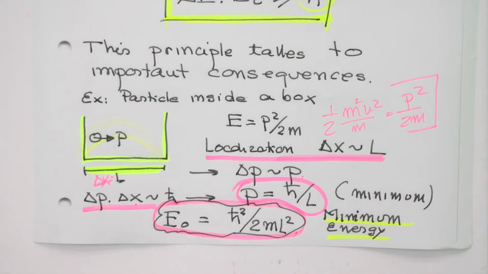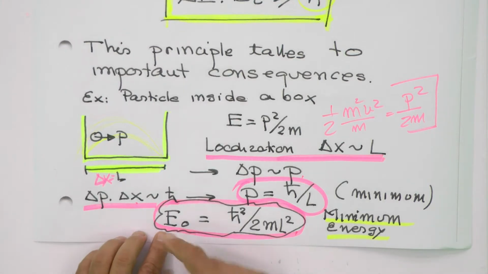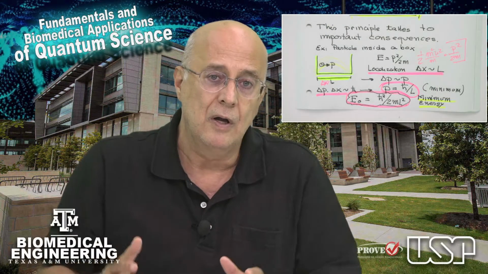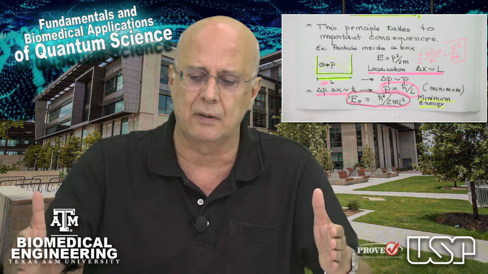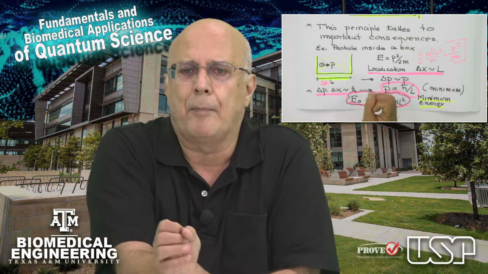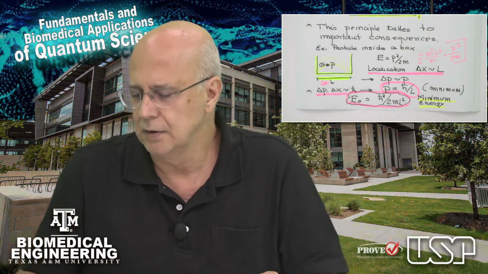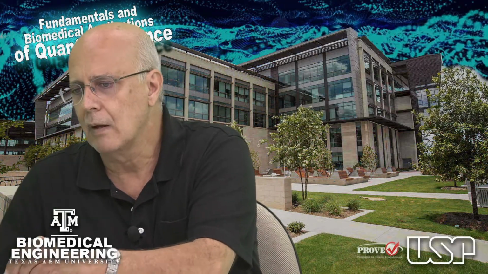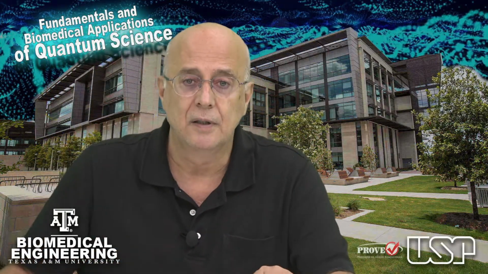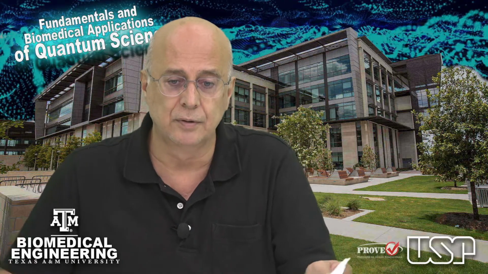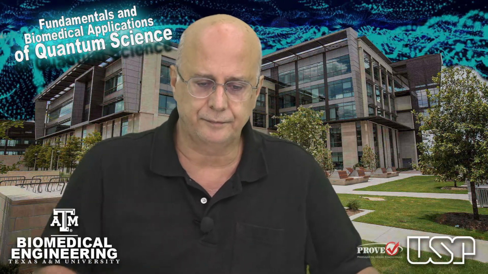If I make L very big, very big, very big, this energy comes down, down, and down. And then eventually, at macroscopic dimensions, we think that a particle is stopped in there, right?